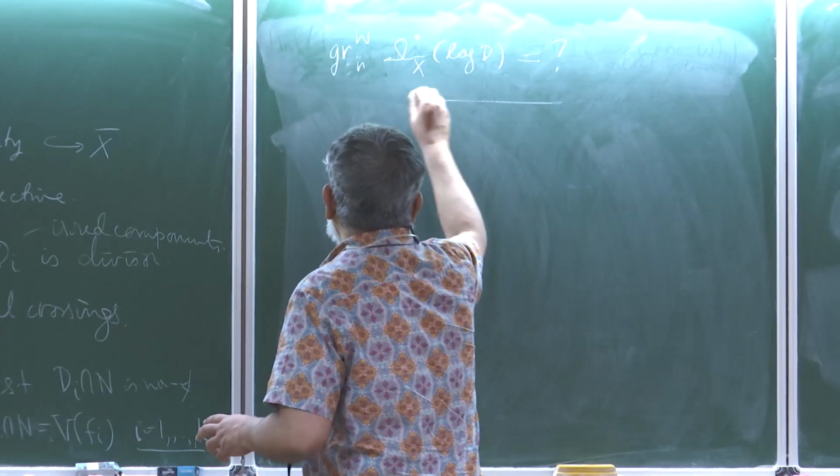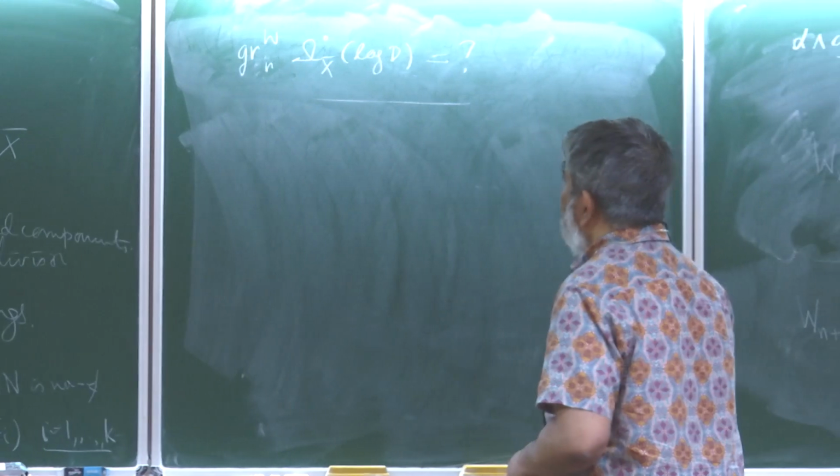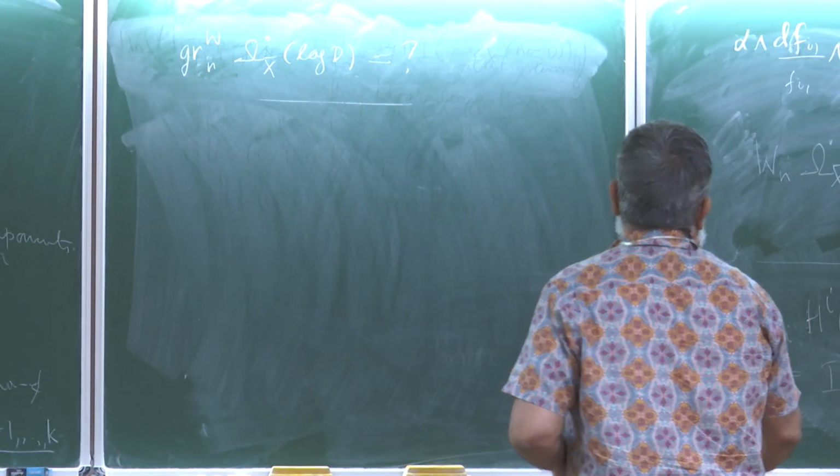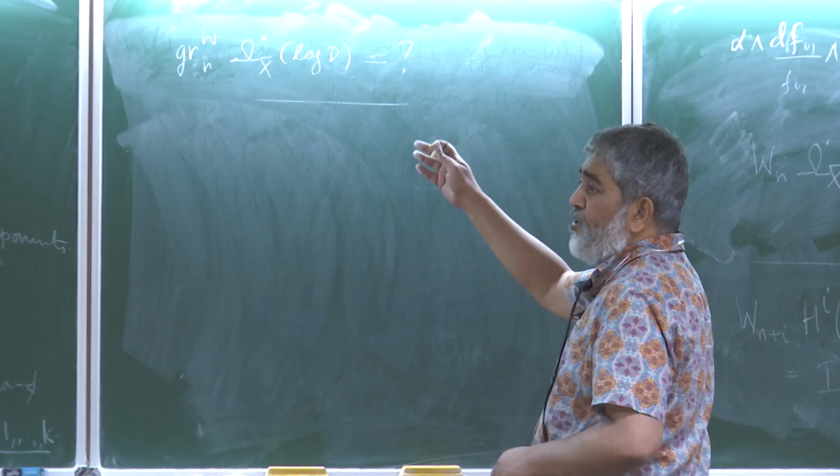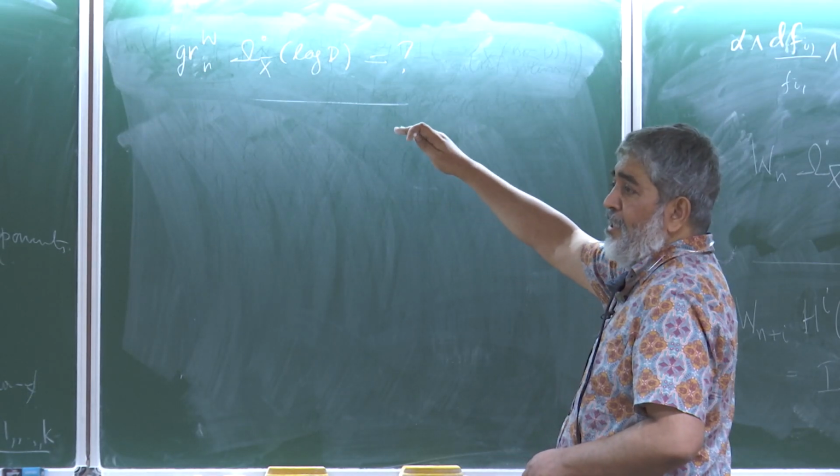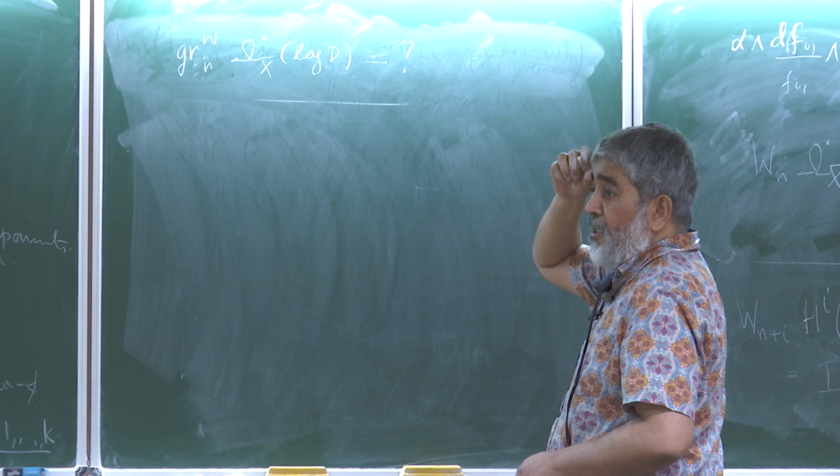So it's really about showing that the Hodge filtration gives rise to a Hodge filtration on the cohomology of this as a pure Hodge structure for each i.